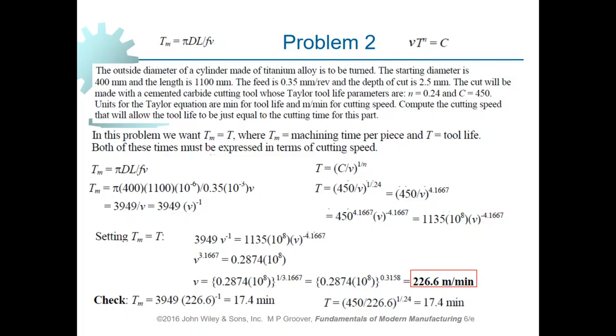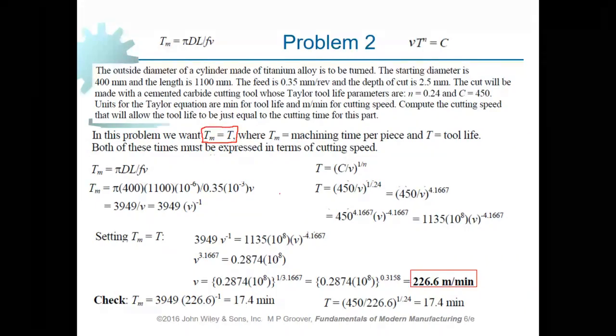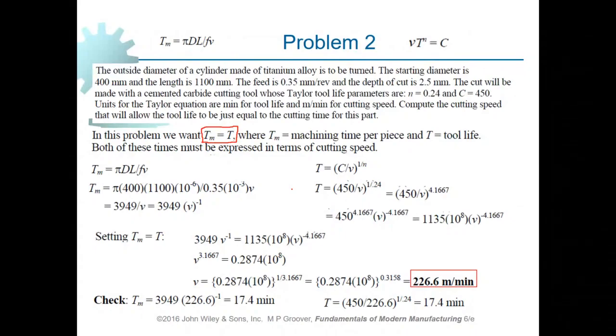Well, it changes this bit of the problem. This equation is only valid if tool life is equal to machine time of 1 workpiece. If we want to machine 2 workpieces with the same cutting tool, then tool life should be equal to 2 times Tm, or 2 times the machine time.